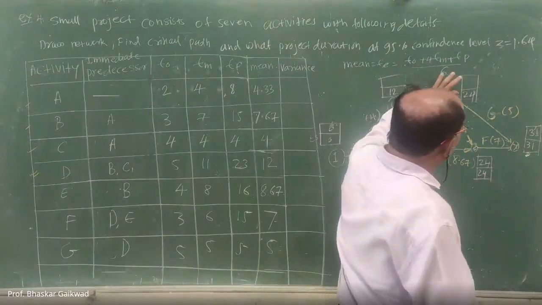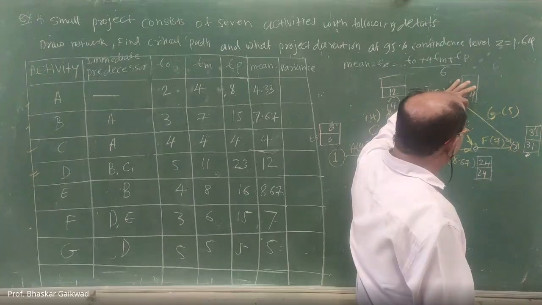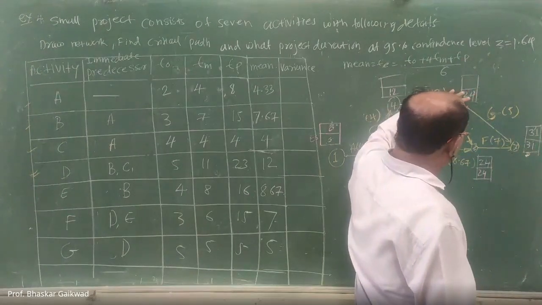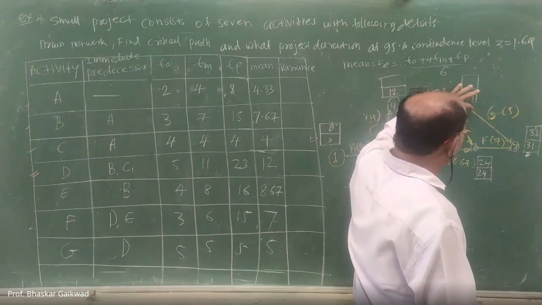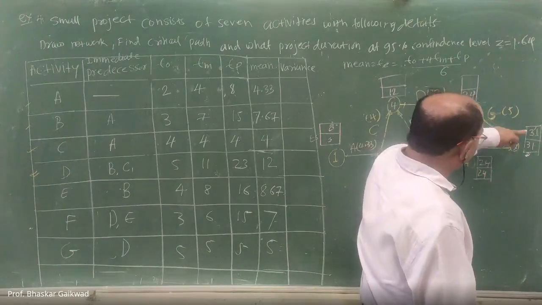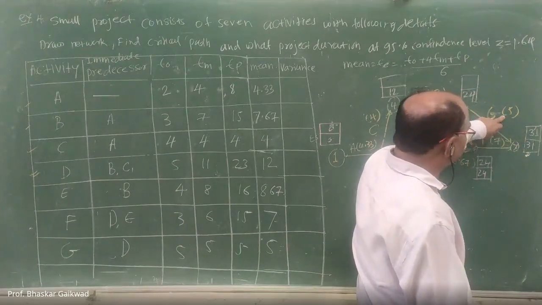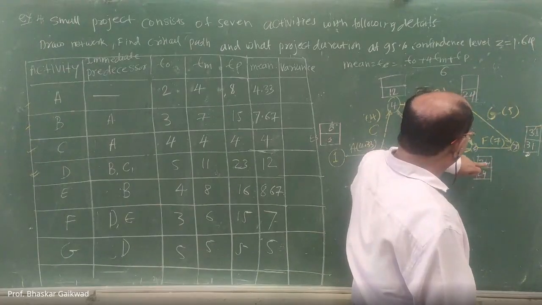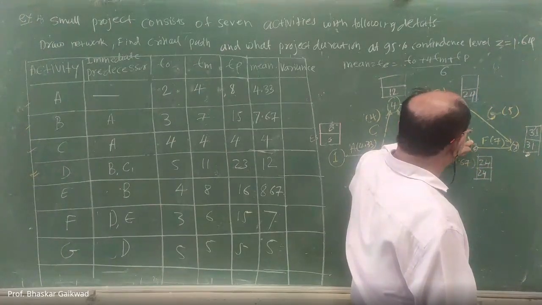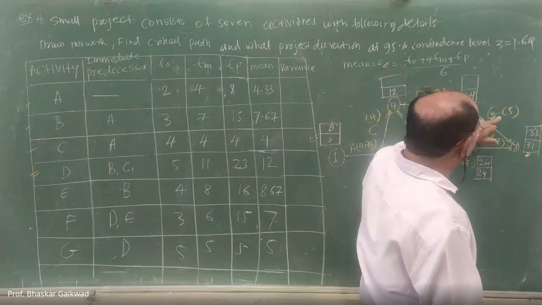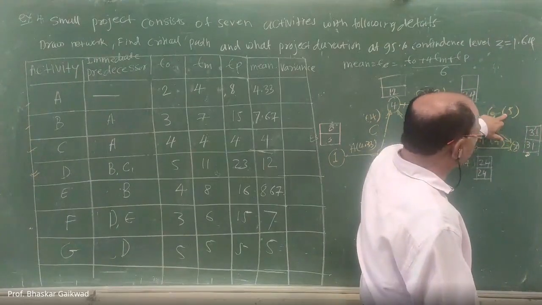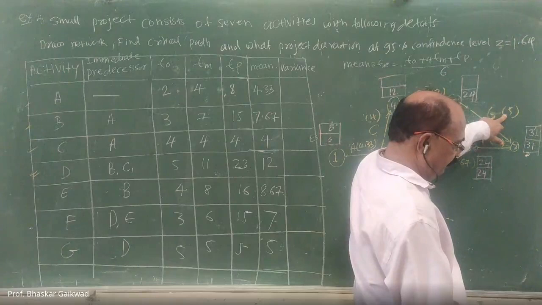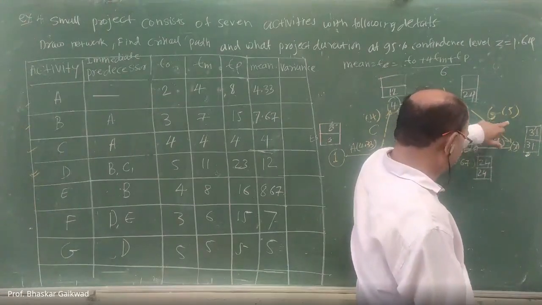Here at node 5, 2 activities are there. So this one and this. Out of this, which is the minimum? You have to consider the minimum. 31 minus 5, that is 26.